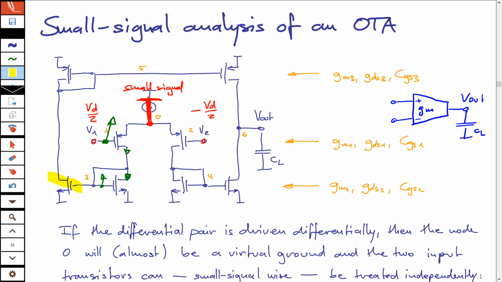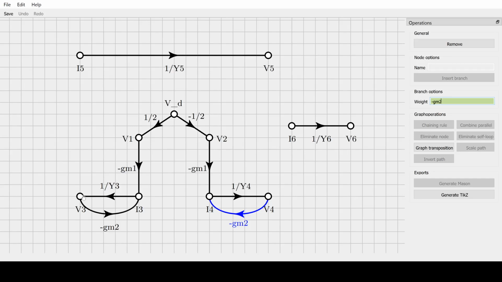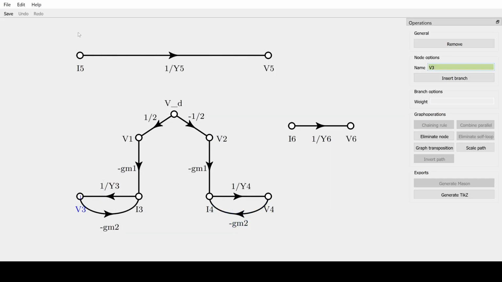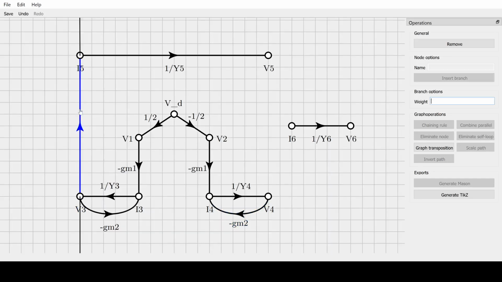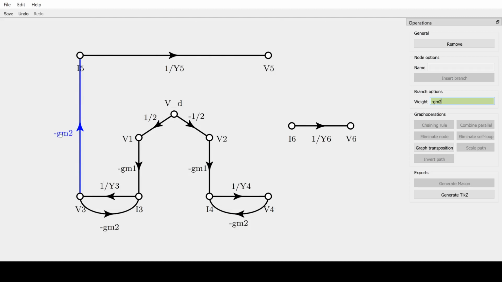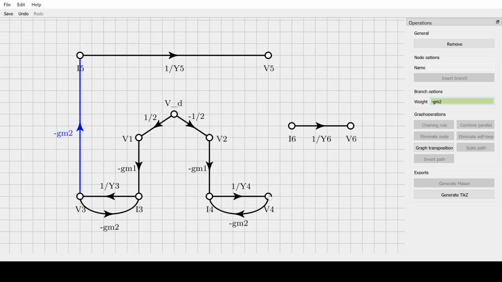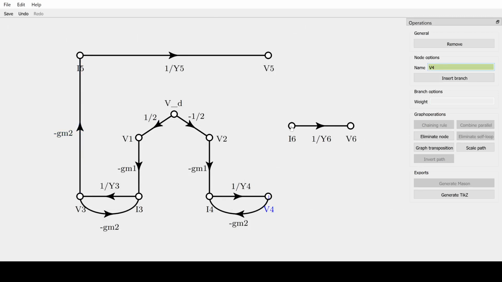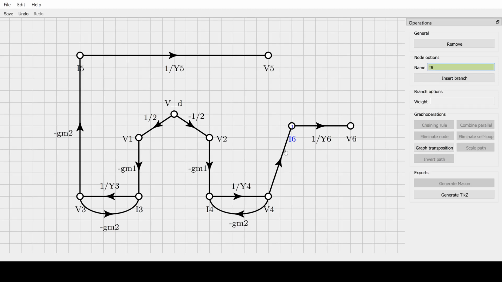So from V3 to I5, we have the GM2. And also from V4 to I6. Same situation.